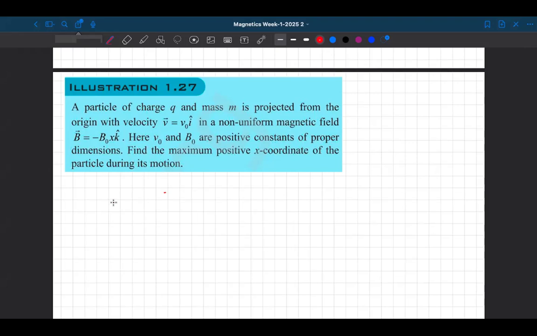Very good question, Ravi. A particle of charge q and mass m is projected from the origin with a velocity v naught i cap. Find the maximum positive x coordinate of the particle during its motion.